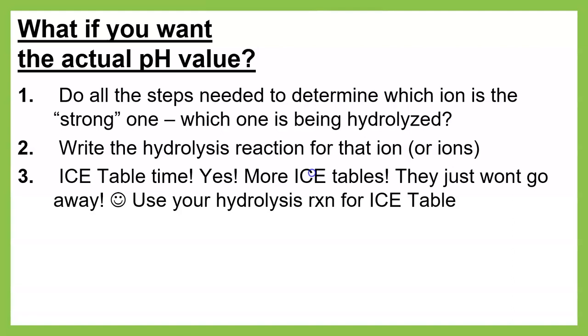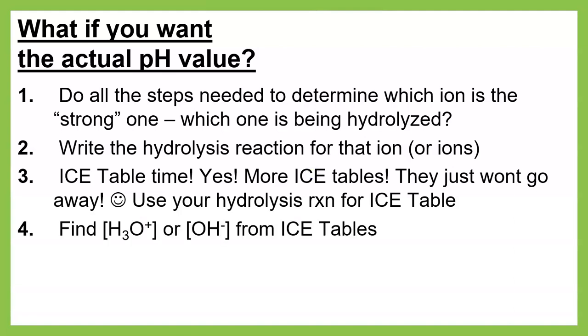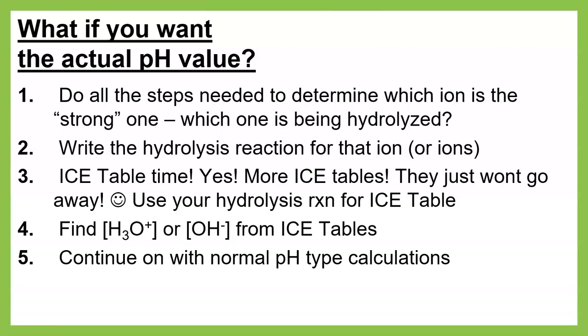Once you have your ICE tables, you can find your concentrations, and then once you have concentrations, you can do normal pH calculations. So I've taken the concept of salts and all our weak ICE table stuff, mushed it all together into these big, crazy mega problems, okay? So let's try one. We're just going to do one. It'll be enough, okay?